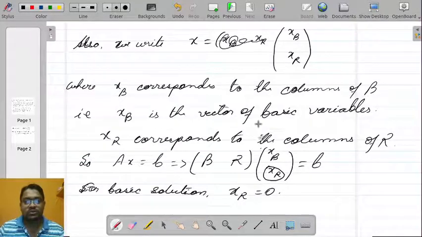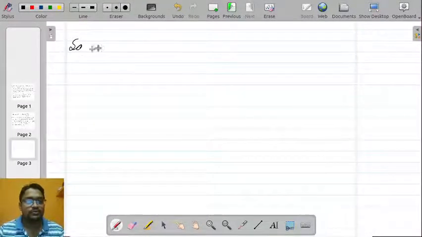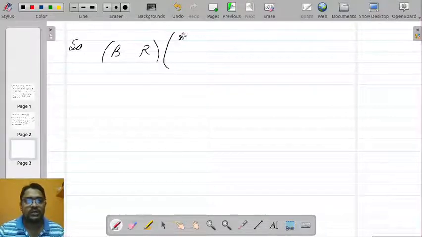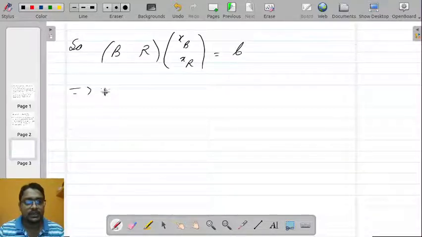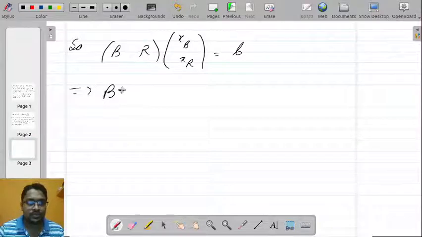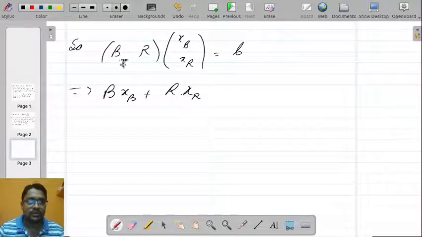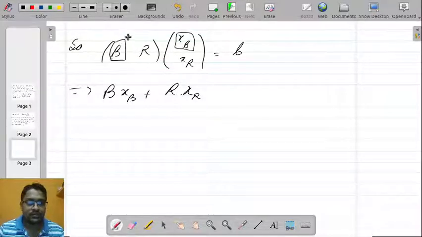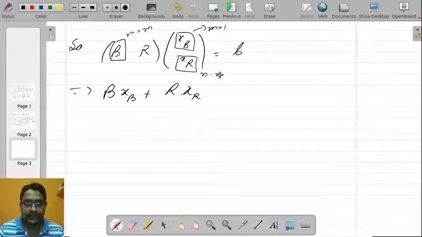So B R multiplied with xB xR equals b. If you multiply this as a matrix, it will be BxB plus R times xR. B is an m by m matrix, xB is m by 1, and xR is n minus m by 1, and R is an m by n minus m matrix.